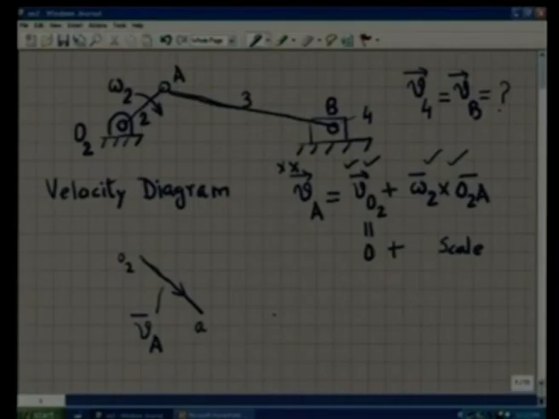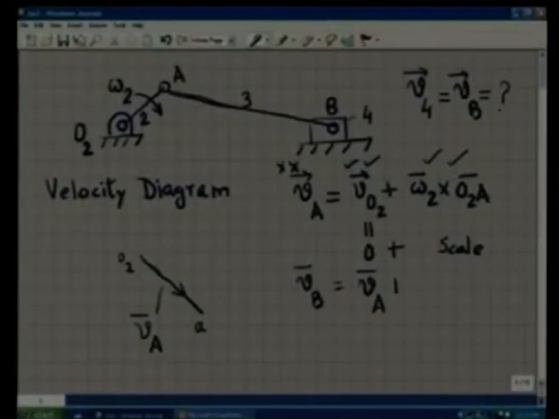Now the velocity of A is completely known, so let us go up to the unknown destination, that is V4 or VB, through these motion transfer points. Now I consider 2 points, namely B and A, which belong to the same rigid body, namely 3. So I can write velocity of the point B is velocity of the point A, and both A and B belong to the same rigid body, namely 3, so I can write plus omega 3 cross AB.